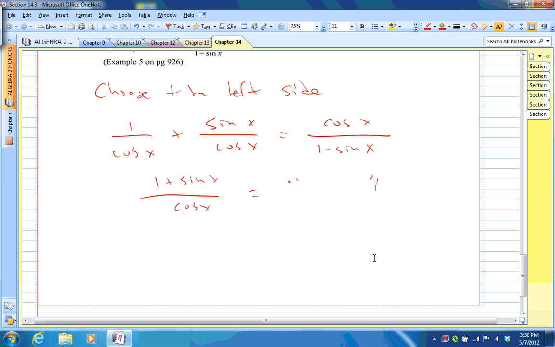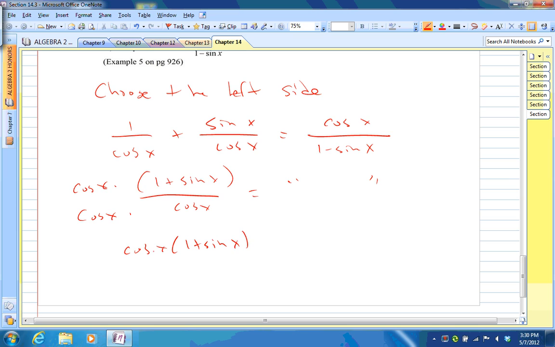Now this requires a little bit of craftiness, but what if I had done something like this? I have that, and at the bottom I have this. Why do I do that?